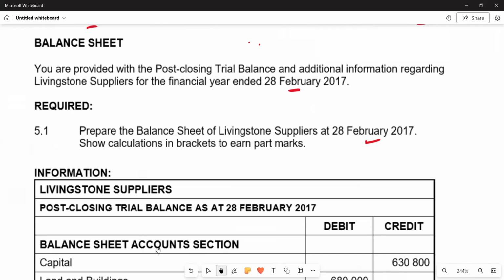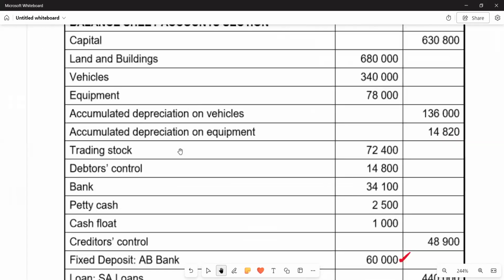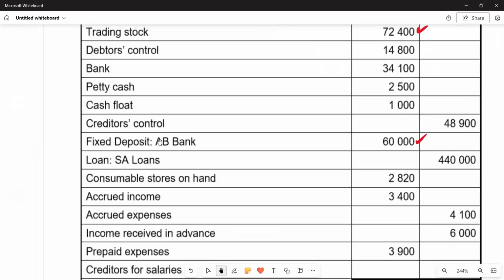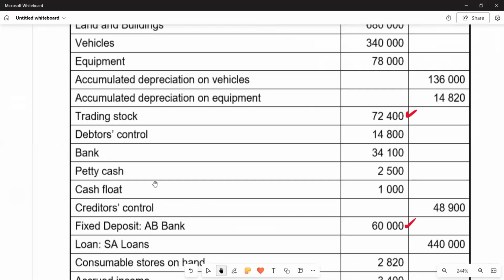So let's try to see the figures that we are given here as our inventory. We have got our trading stock 72,400, and then we check for other inventories. I mentioned that we also have to look for consumable stores and stationery. If you go down, let's see what we have there.